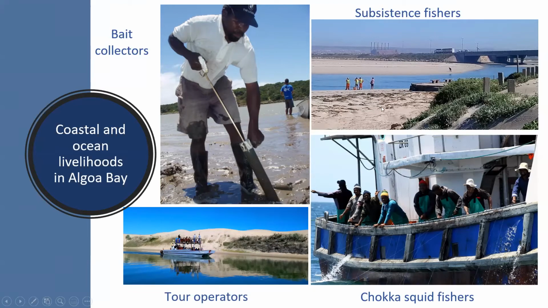There's a lot of recreational and subsistence fishing. There's a lot of tour operators as well along the coastline and in the estuaries. And we've got one of the largest squid fisheries in the country as well. These are some chokka squid fishers over here.